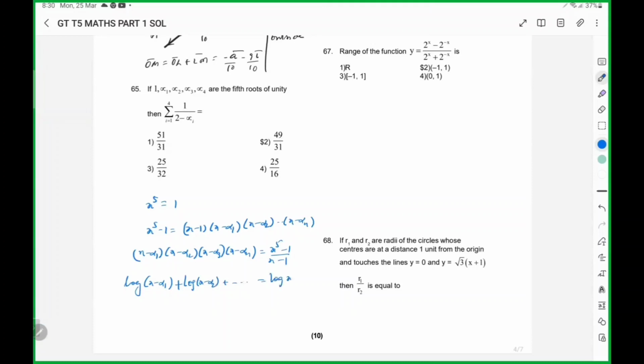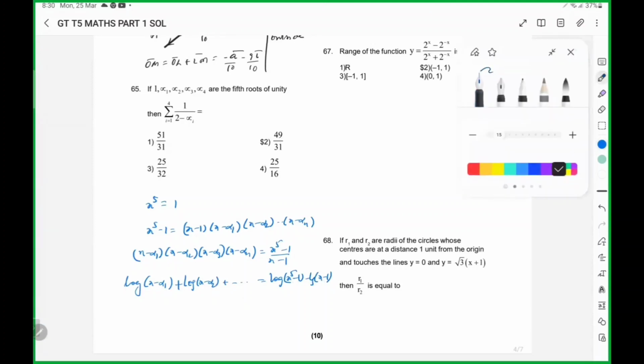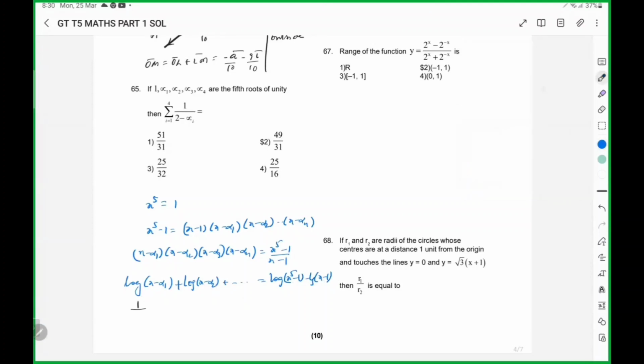Log of x power 5 minus 1. So once you differentiate it, 1 by x minus alpha 1 plus 1 by x minus alpha 2, 1 by x minus alpha 4, which is equal to 5x power 4 minus 1 by x.